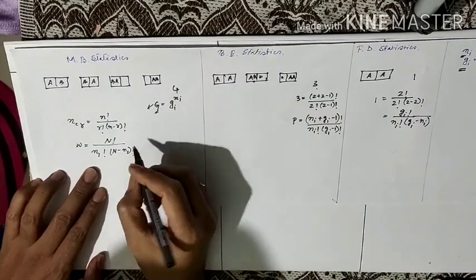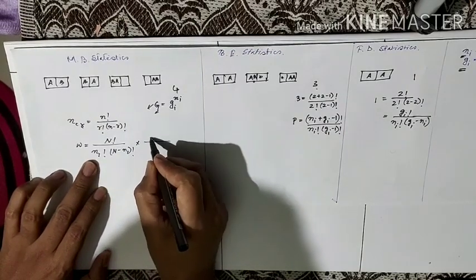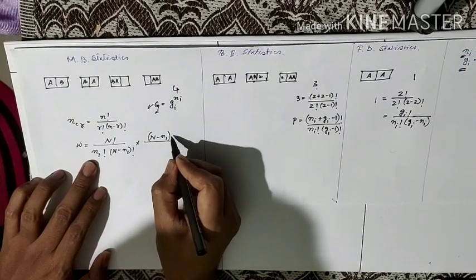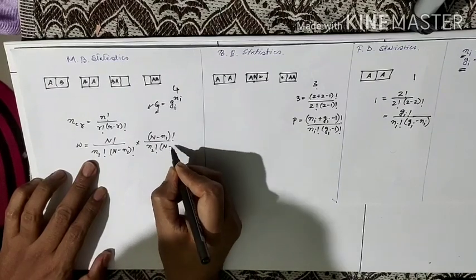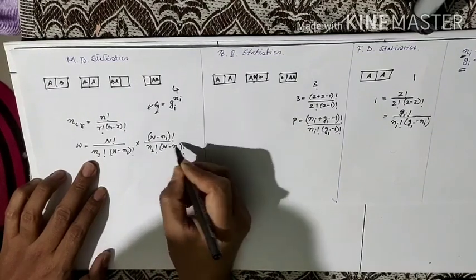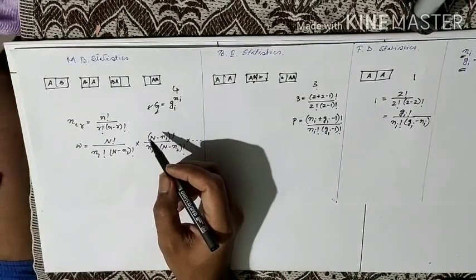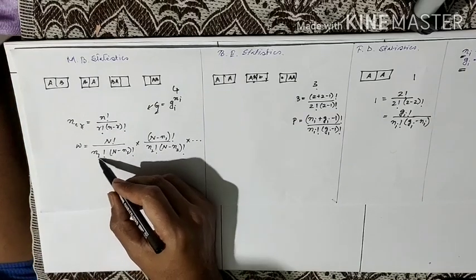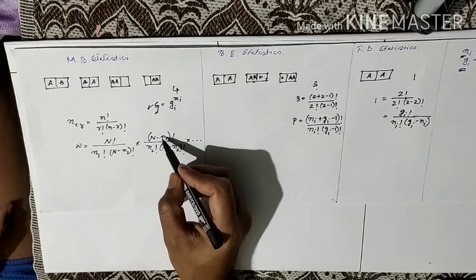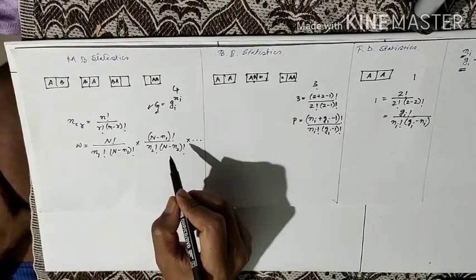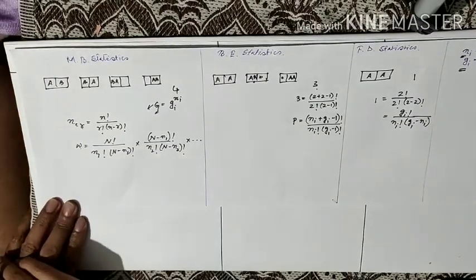Then for the total we will write, first you arrange n1, then you arrange n2. n2 means from n minus n1, the remaining part is (n minus n1) factorial, then it is n2 factorial, then it is (n minus n1 minus n2) factorial, and so on. So this is called our thermodynamic probability, which gives us for n1 different objects you will get this, for n2 different objects you will get this, and the total probability is always multiplied. That's why you are getting W is equal to this. So this is called thermodynamic probability.